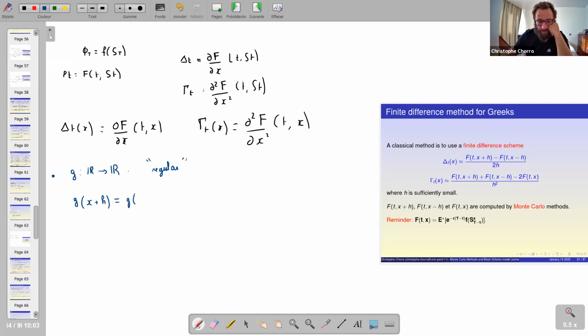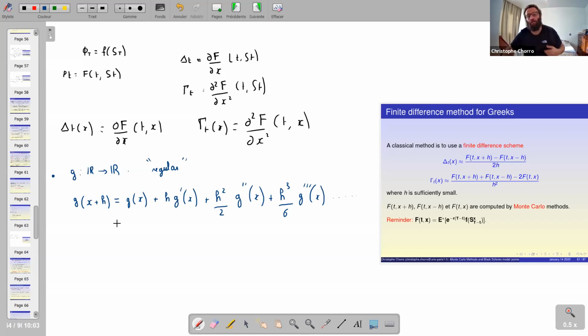If J is regular, in the sense of differentiability, I can write the Taylor expansion. So I just write the Taylor expansion in this case. I suppose that I have the right to do this.